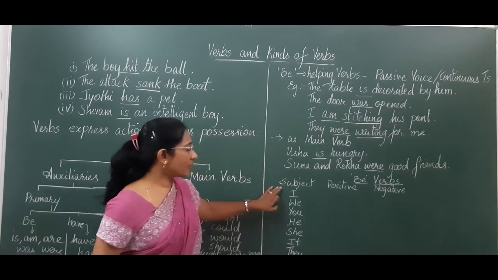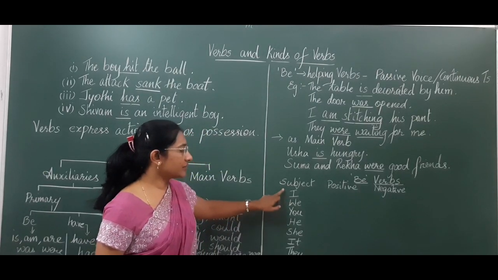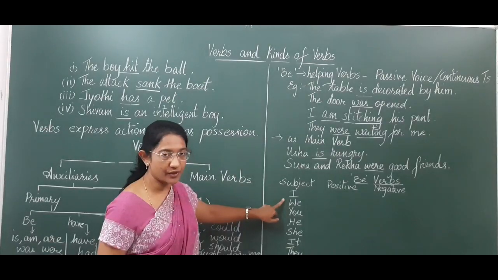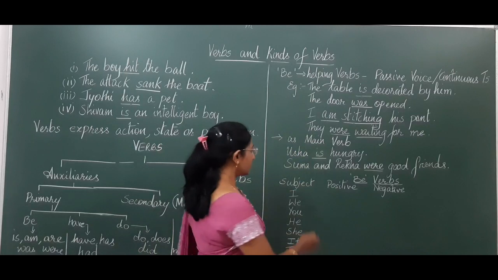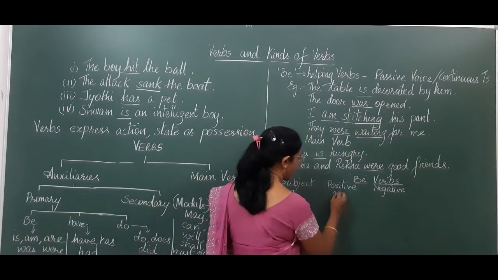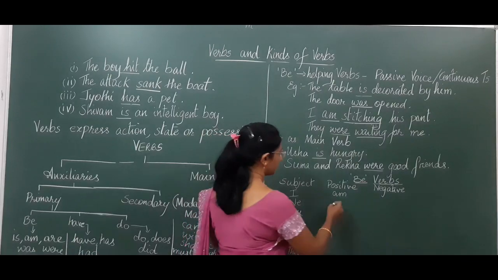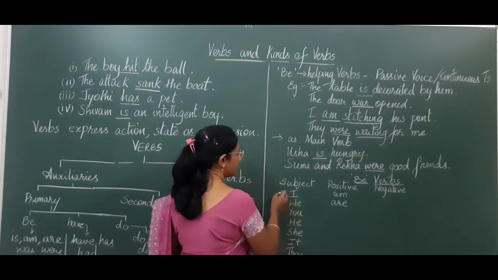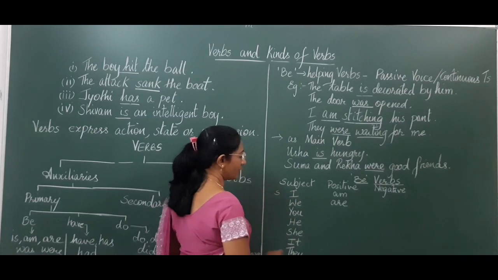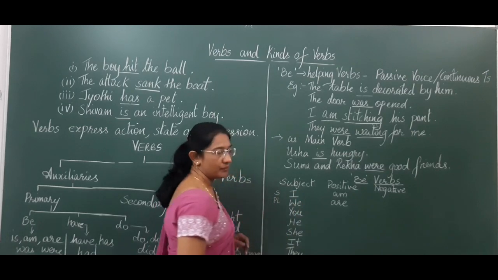So, for subjects I and we, which is first person as we have learnt in pronouns, we use be verbs as I am, and for subject we use are. Subject I is in singular form, subject we is in plural form.